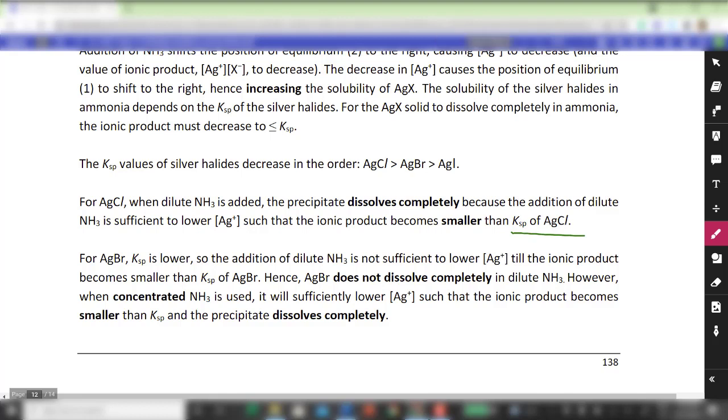However, for silver bromide and silver iodide, the addition of dilute ammonia is not sufficient to lower the concentration of silver ions, so the precipitate will continue to remain undissolved. You might want to take note of this explanation because it will help you a lot in your QA as well as your theory.